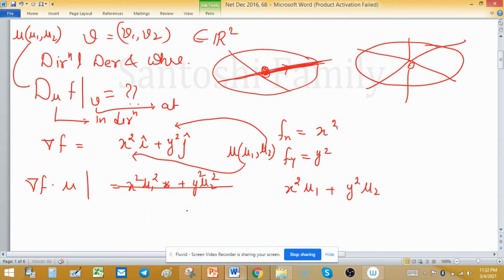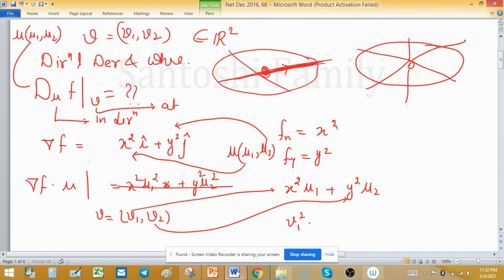This is perfect here. Now put the value of the point v as taken, and v is (v1, v2). So replace x by v1 and y by v2. So it will be v1 square u1 plus v2 square u2, and this value exists everywhere.